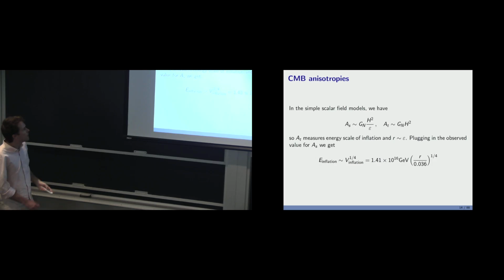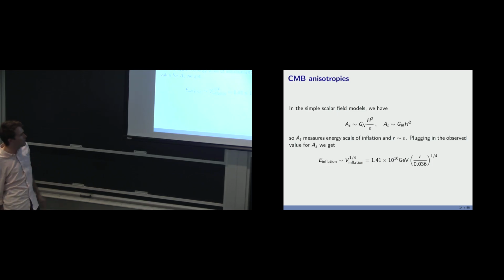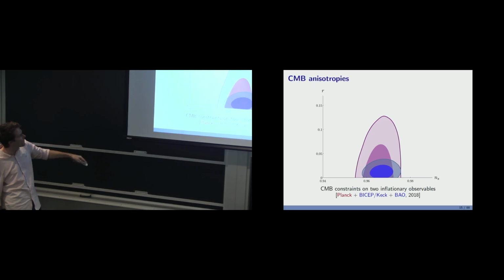Okay, now, when we plug in the observed value for A_s based on the magnitude of the temperature fluctuations, we get this formula for the energy scale of inflation, which can be written in this way. So it's a very high energy scale, quite close to the Planck scale. And it's multiplied by this factor, r. So we put in this value because we've measured that.